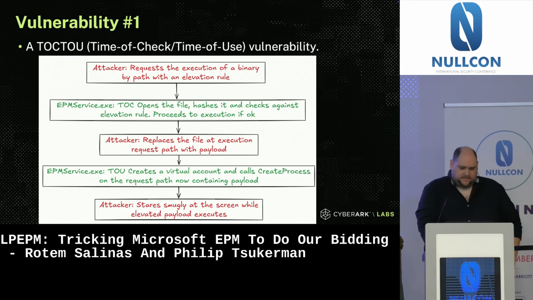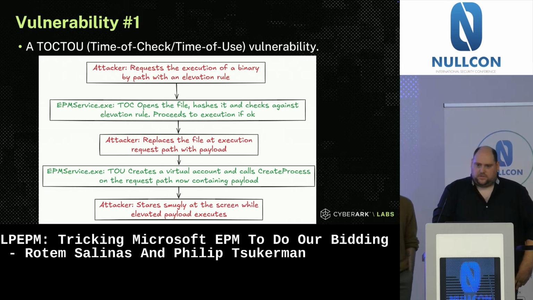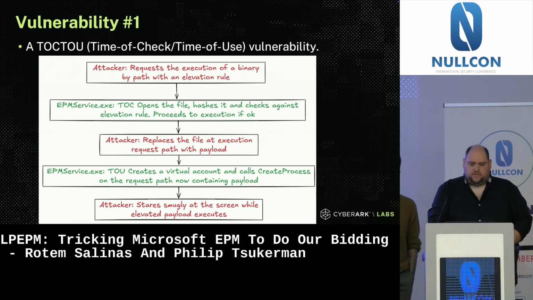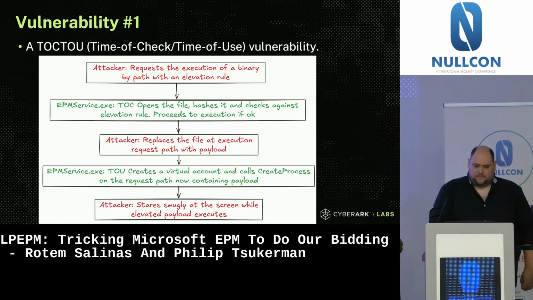So to reiterate, our exploit will work in the following manner. The attacker will request the execution of a binary path with an elevation rule. Then at the time of check, EPM service will open the file, hash it and check against the elevation rule, and then proceed with execution if it's okay.